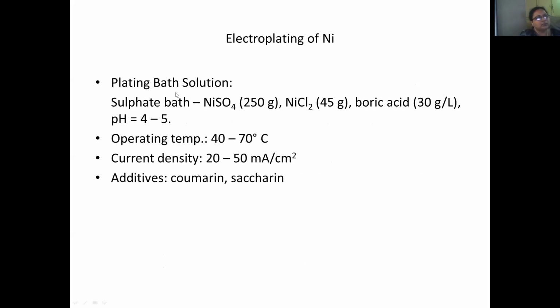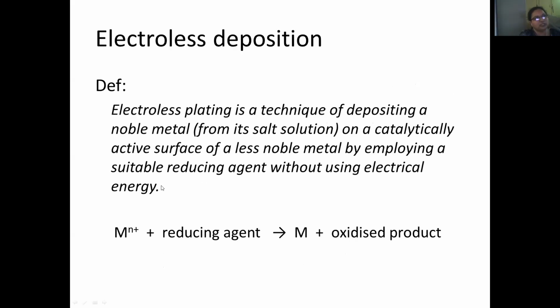So plating bath solution, then sulfate bath, operating temperature, current density, additives, etc. Now, electroless deposition. Electroless plating is a technique of depositing a noble metal on a catalytically active surface of a less noble metal by employing a suitable reducing agent without using electrical energy.